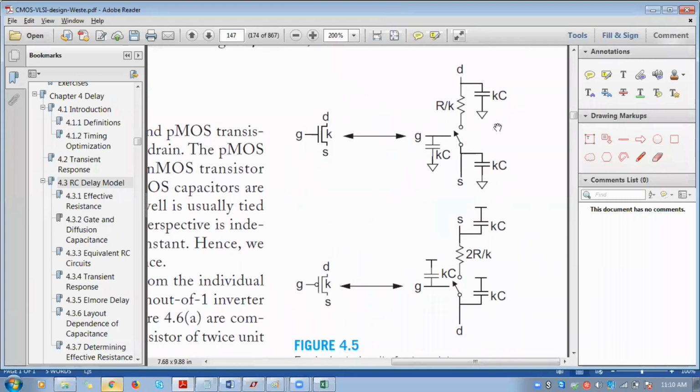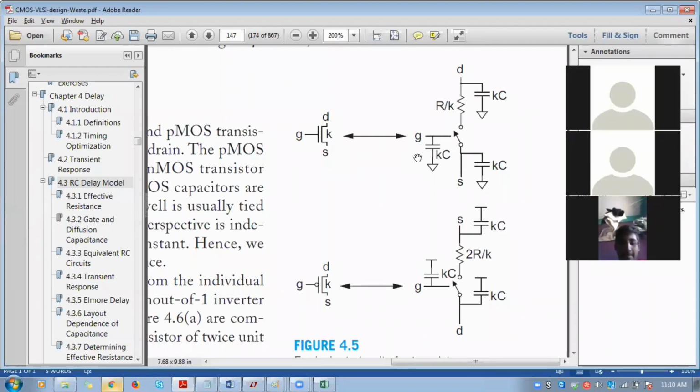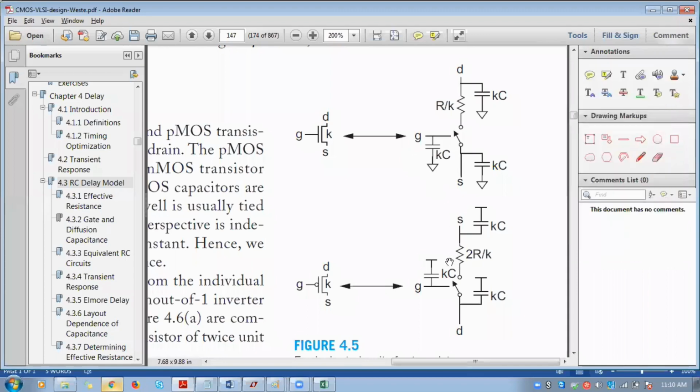Now, how are they arriving at this equivalent network? As we discussed in the first class, the size of the PMOS has to be chosen twice that of the NMOS because the majority charge carriers for NMOS are electrons, so it will be considerably faster than PMOS.